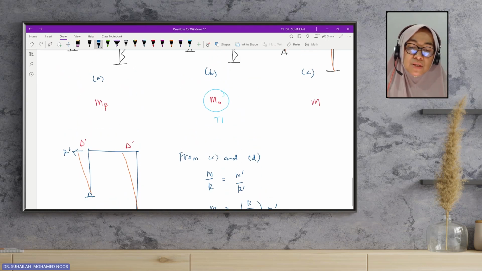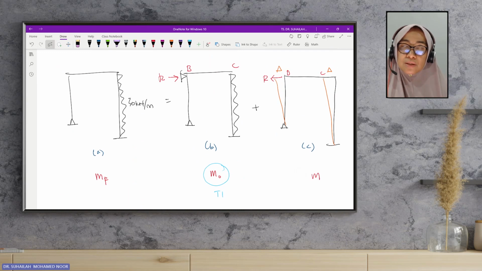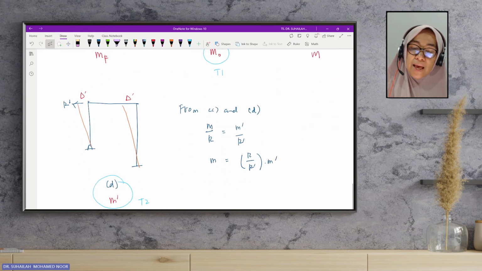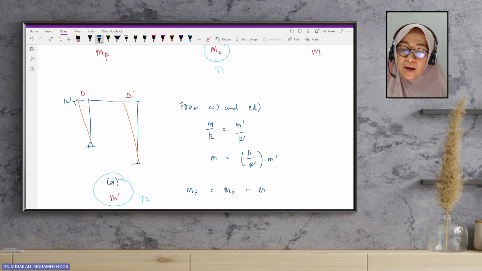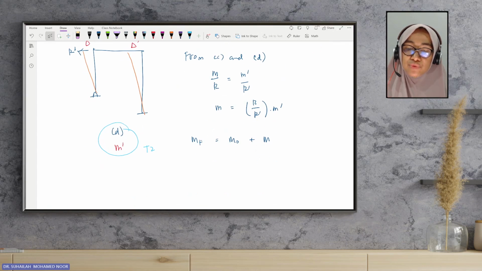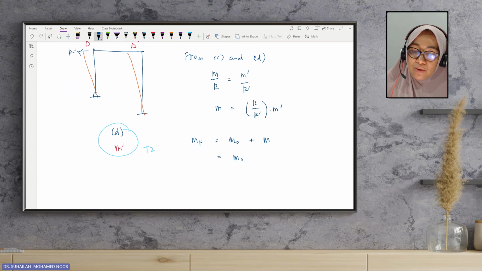So we substitute into the main equation, which we get from the principle of superposition. Remember, it is A equal to B plus C. What is A equal to B plus C? It is M final. M final is equal to M naught plus M. Now we substitute M into this. So we get M naught plus R divided by R prime, M prime.